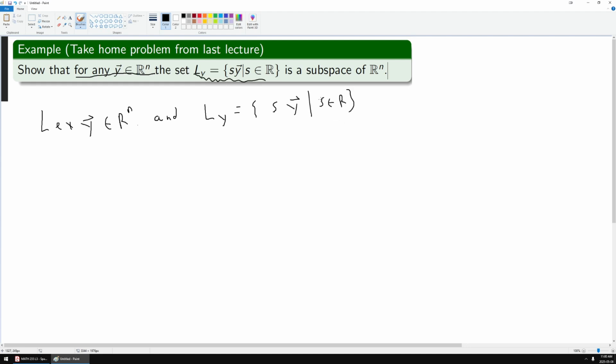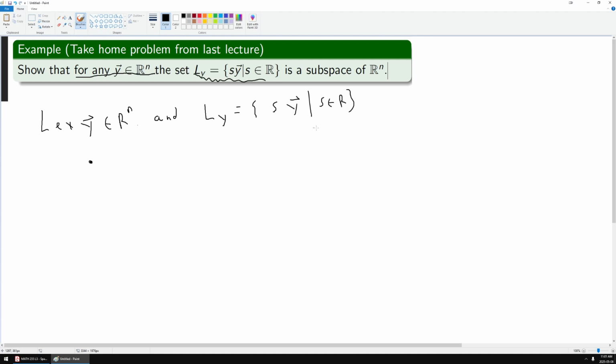Now, there's fundamentally 4, depending on how you want to think about it, properties we need to mention to use the subspace test. And if you don't mention any of these, then your work isn't complete and you will lose marks accordingly. So the first thing we need to do is argue that Ly is not empty. So we need to think about an element that's always going to be in here regardless of what y is.